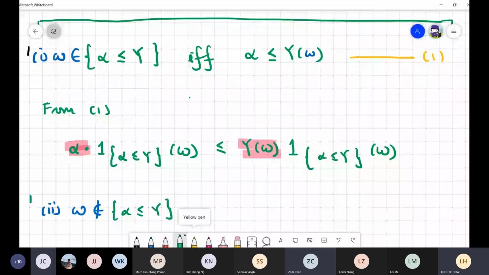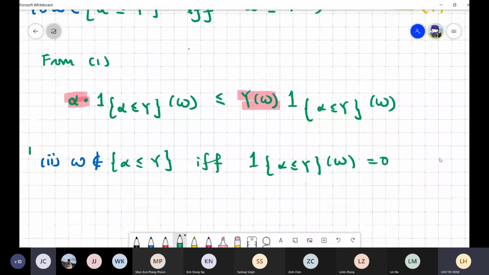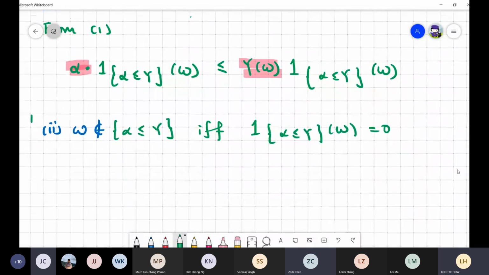So this one just simply means that one of this y greater than this omega must be equal to 0. Now when this is 0, which is actually independent of your alpha here, then we can have this case.